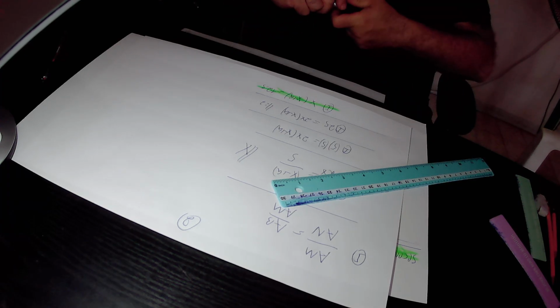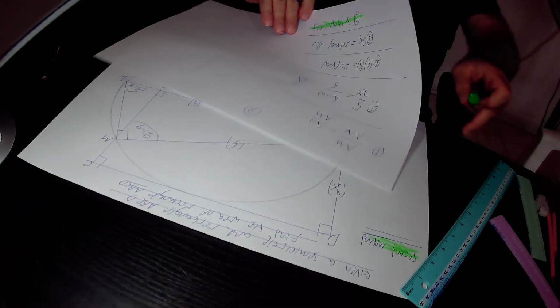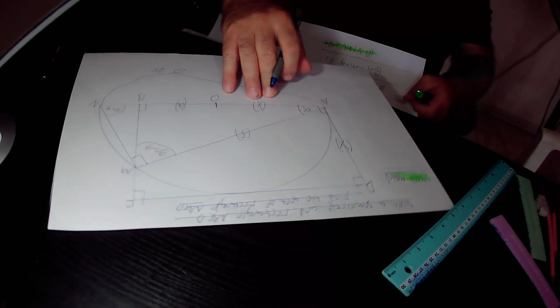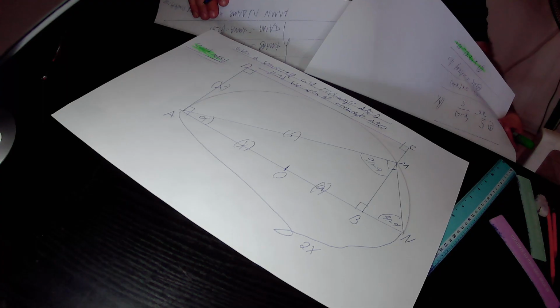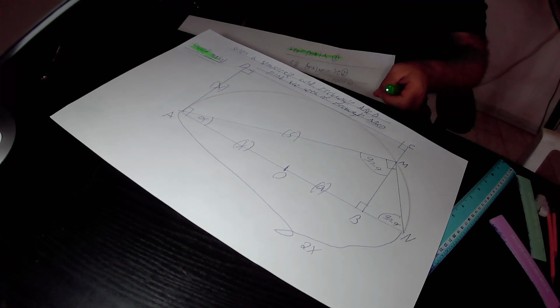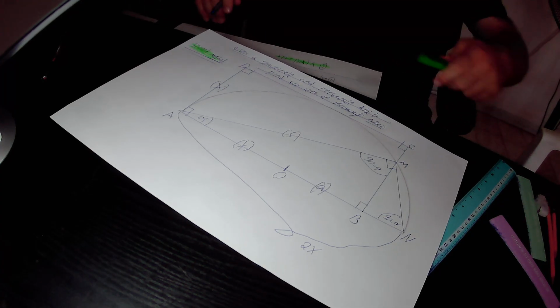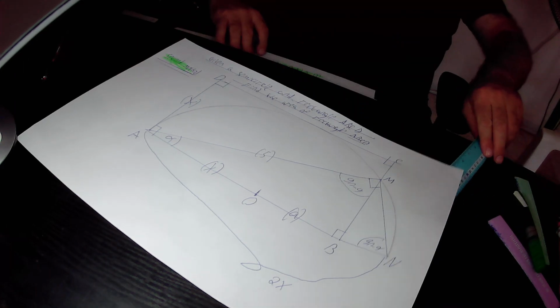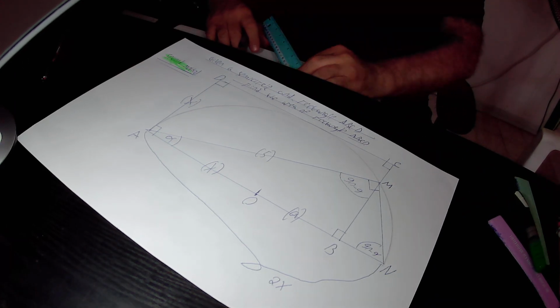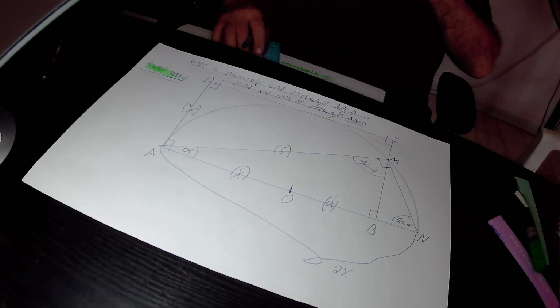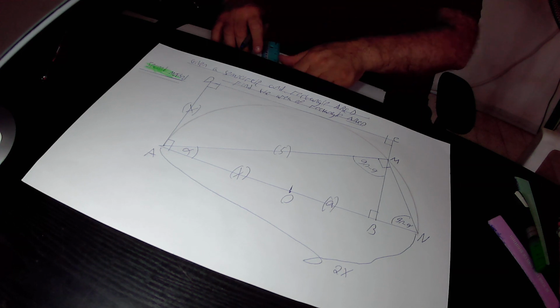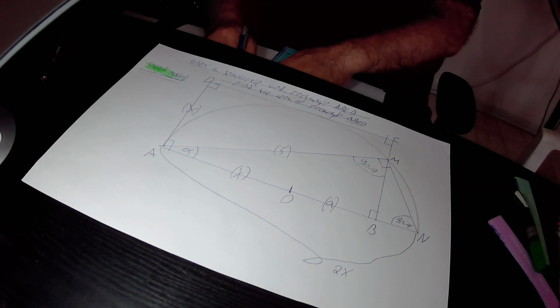Our mission is to find out the area of this rectangle ABCD. The area of any rectangle equals the length times the width.